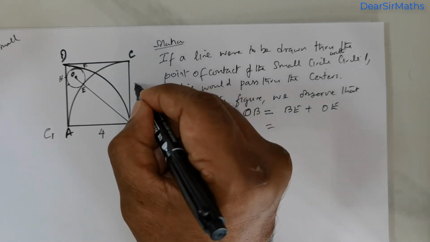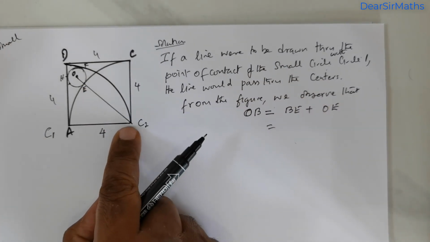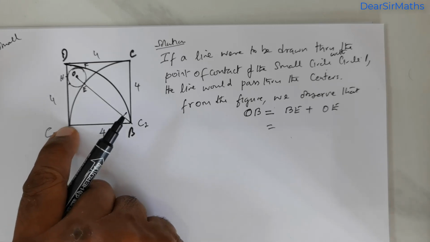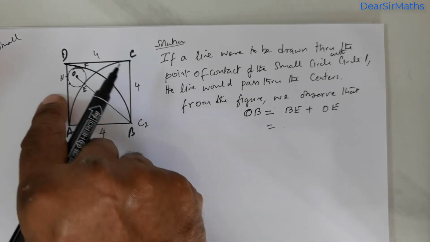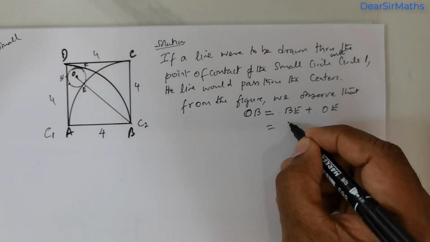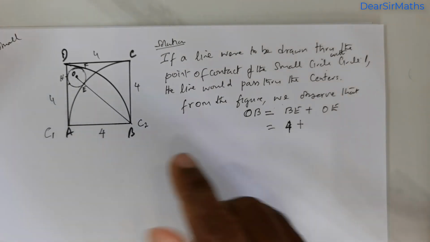So this is 4 units, this is 4 units, 4 units, 4 units. Now from this point, this is the center, from the center to the point on the circle, that is 4 units. So this would mean the radius of the 2 quarter circles is 4 units. So BE is equal to 4 units plus my OE.